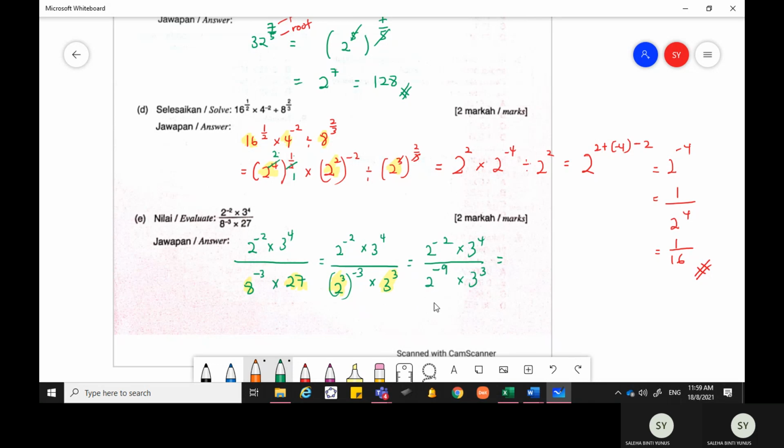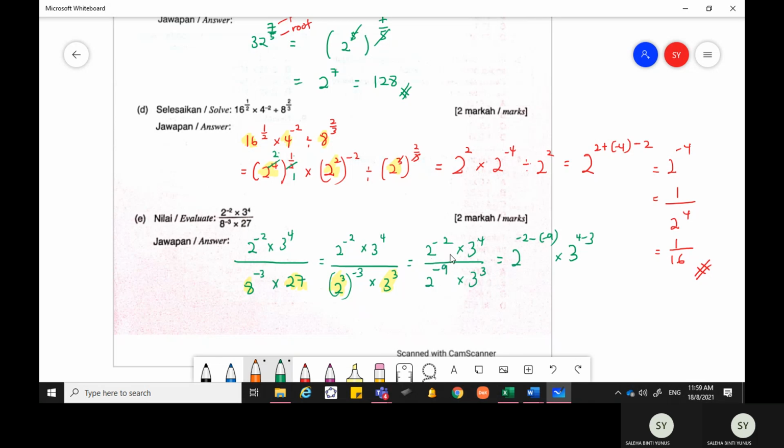Okay, now kita combine 2 dengan 2, 3 dengan 3. Okay, so sebabkan dia bahagi, 2 negatif 2 bahagi 2 negatif 9, jadi power dia kita tolakkan. So, negatif 2 minus negatif 9. So, ni saya combine base 2. And then multiply base 3 pula. 4 minus 3. Okay. So, 2 bahagi 2, 3 bahagi 3.